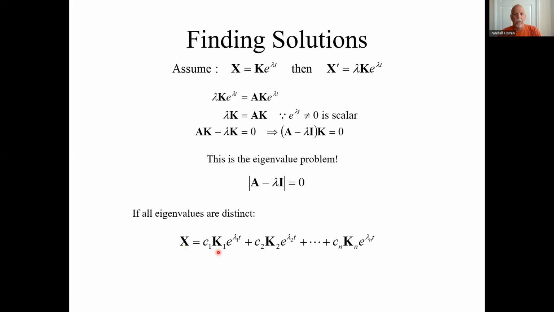And the solution will then be this linear combination. All these arbitrary constants, the c's, and then eigenvectors and eigenvalues. So once we solve the eigenvalue problem, we can construct a solution for a system.